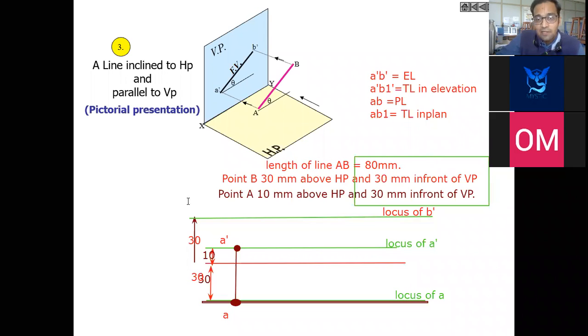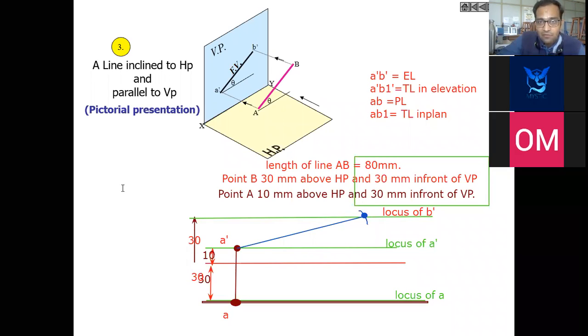तो अब आपका टास्क क्या होगा? You have to take A dash, and from A dash you have to draw a line which has a length of 80 mm and intersects the locus of B dash. आर्क लगाएंगे जो locus of B dash को intersect करेगा, and where it intersects, जहाँ पे intersection हुआ उस point को बोला जाएगा B1 dash.